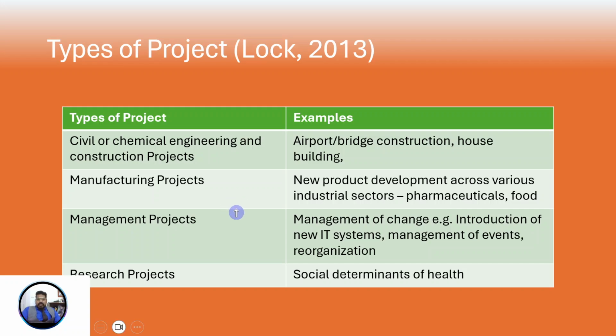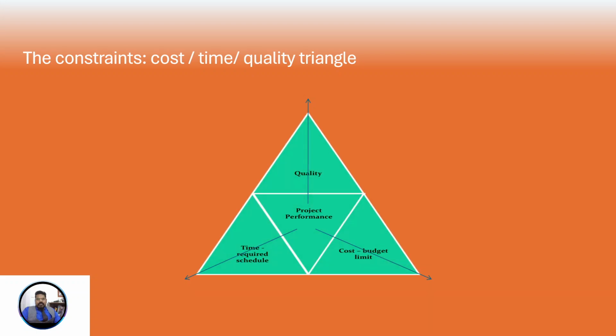Similarly, for manufacturing and management projects, which are mostly IT, you will follow the agile project management approach. For research projects, you will follow iteration based project management, because the goal is to find the correctness of the solution. We will discuss them in detail.